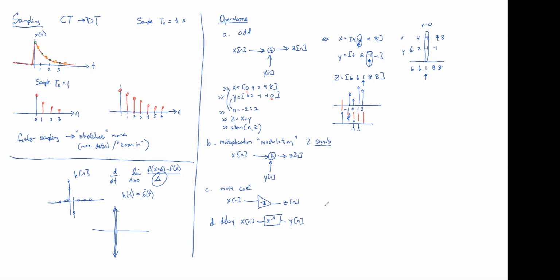So as an example of a delay, if we have that signal going into a delay of 1, we will have this signal coming out of it. So this is 1, 2, 3, and this is 1, 2, 3.